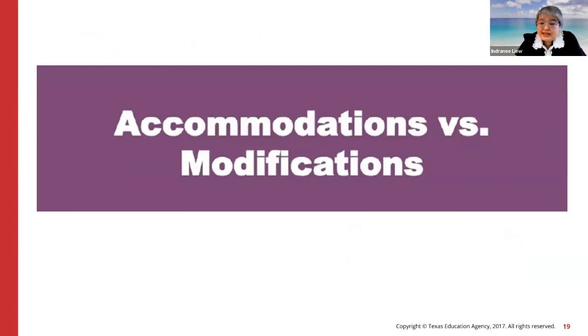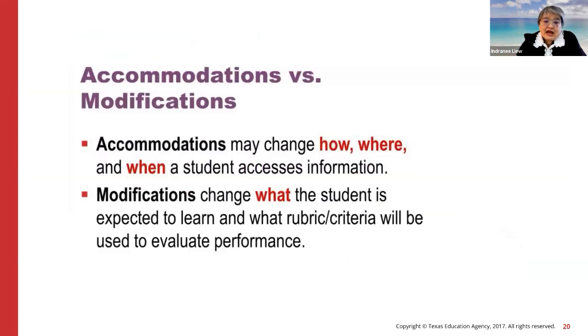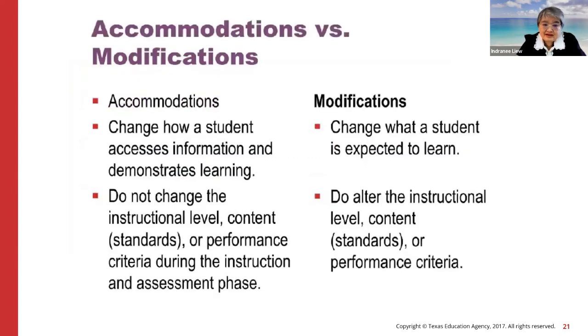Okay, accommodations versus modifications. Accommodation will change how, where, and when a student accesses information, but modification will change what the student is expected to learn. Accommodation is where a student will access information and demonstrate learning.